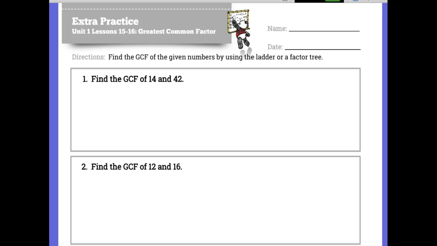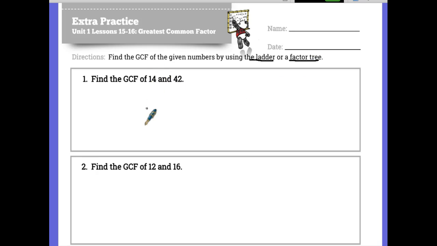So we're going to first start with the paper that has greatest common factor. Take a look at your 2 pages. Get the one that says Extra Practice, Unit 1, Lessons 15 through 16, Greatest Common Factor. Check your partner, make sure they've got the same side showing, because this is what we're going to start working on. You are going to use either the ladder or the factor tree.